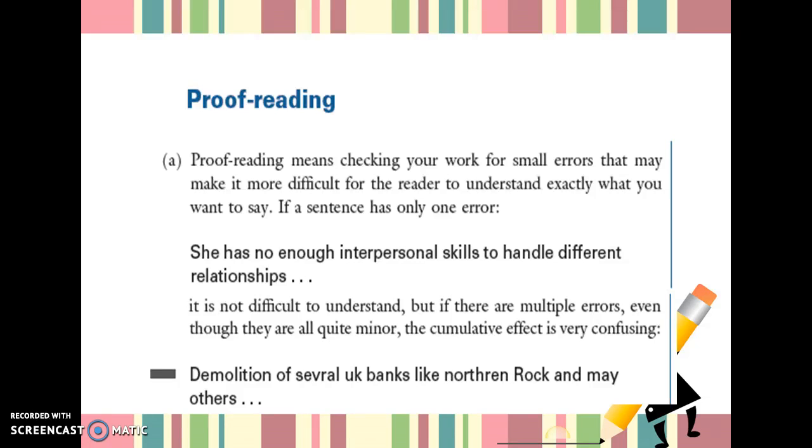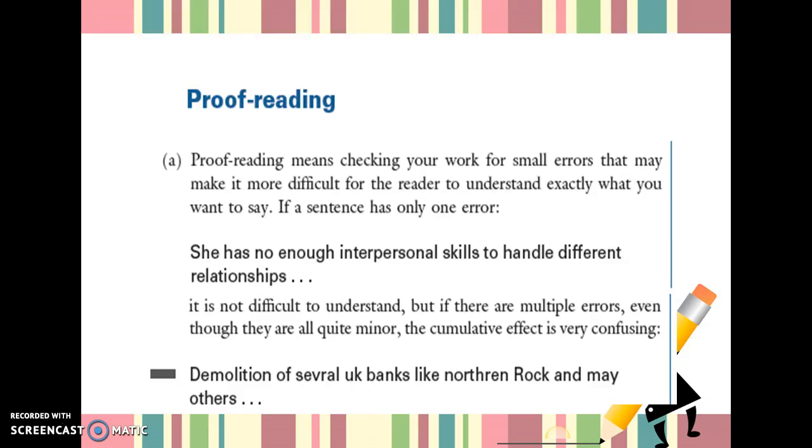If a sentence has only one error, for example, she has no enough interpersonal skills to handle different relationships, it is not difficult to understand. But if there are multiple errors, even though they are all quite minor, the cumulative effect is very confusing. Demolition of several UK banks like Northern Rock and many others, so you lack cohesion, coherence.